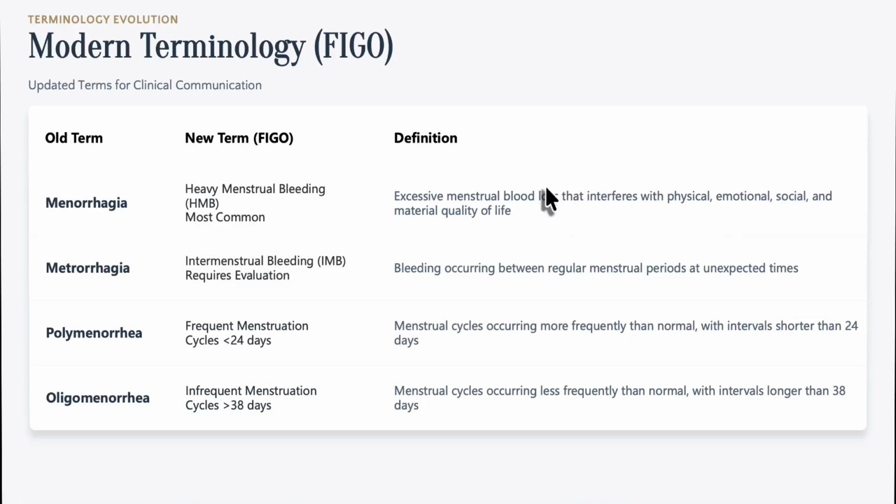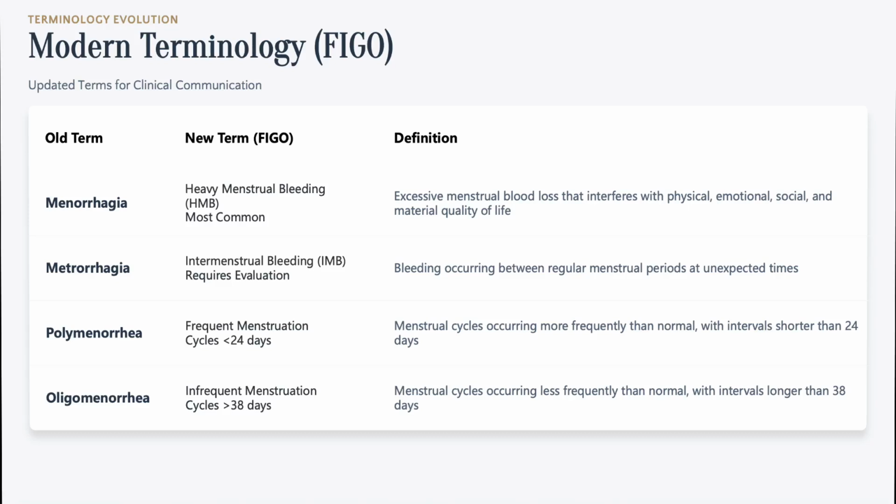Before we continue, I want to acknowledge that our terminology has evolved. In 2011, FIGO introduced standardized international terminology to replace the older, imprecise terms. Terms like menorrhagia, metrorrhagia, and menometrorrhagia are now outdated. Don't use them anymore.